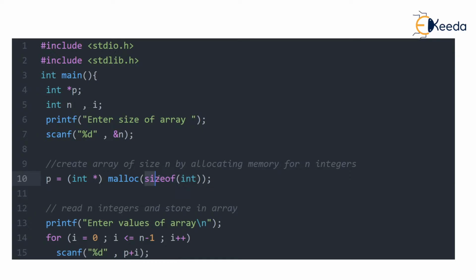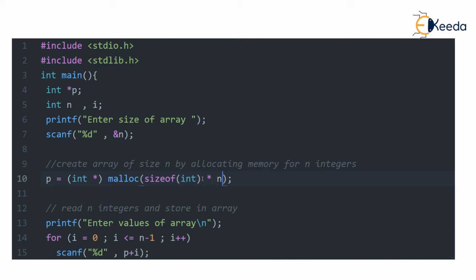But actually we don't want 2 bytes, we want n into 2 bytes, because the user is interested in storing n integers, and size of one integer when multiplied with n will exactly give us the memory required to store n integers.